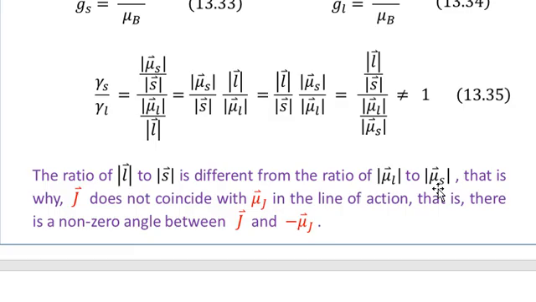But due to their ratios not being equal, the ratio of gamma S and gamma L is not equal to 1, which means that the angular momentum J is not anti-parallel with minus the total magnetic moment mu J of the atom. That is, capital J and minus mu J are not anti-parallel. There is a small angle between them.